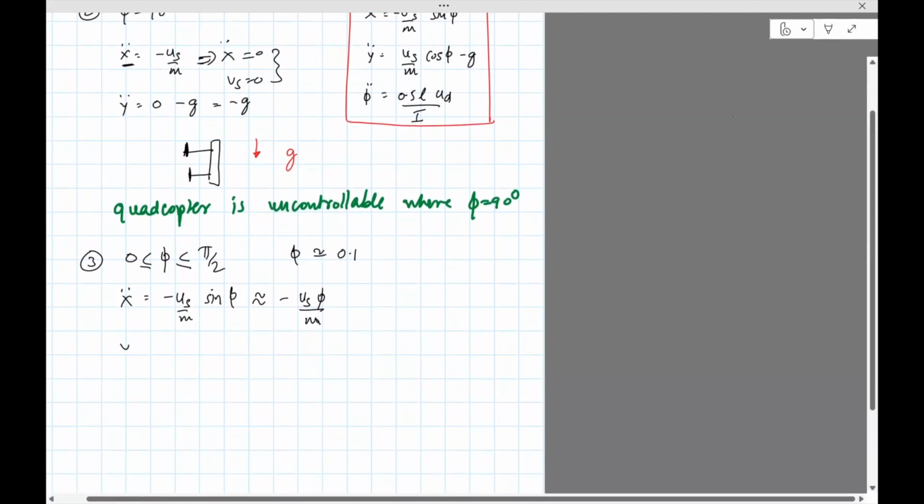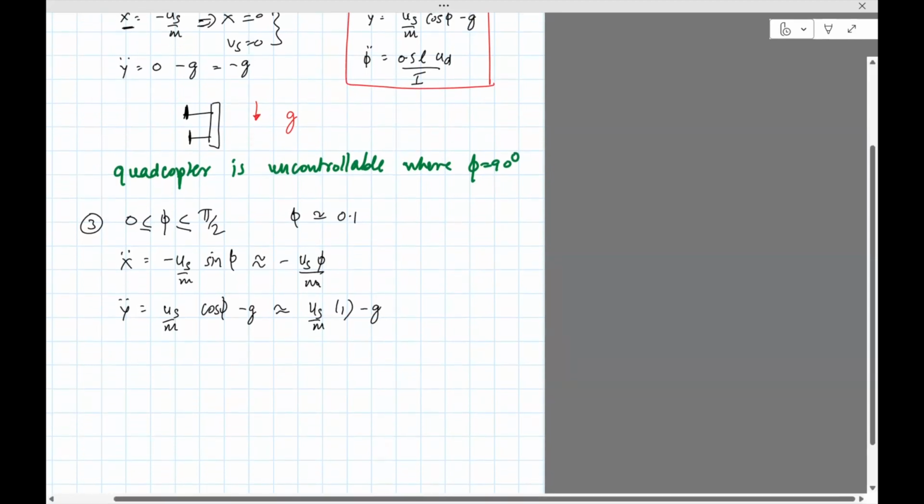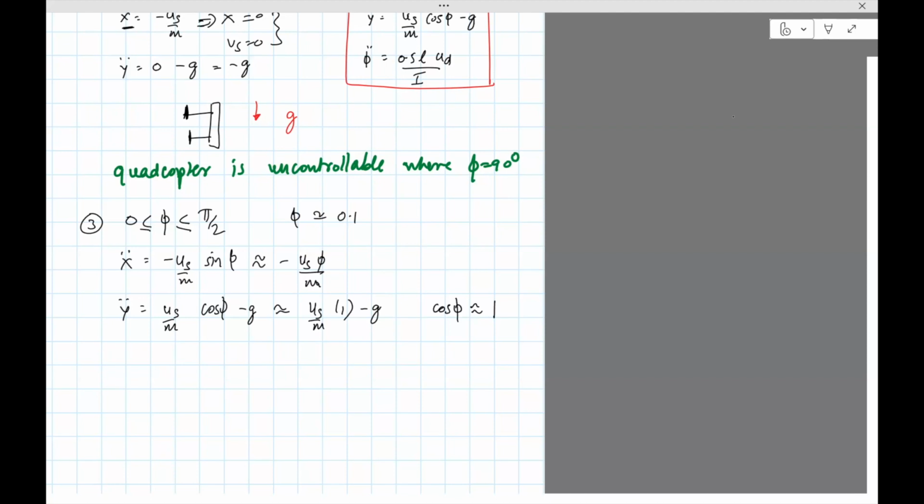And then y double dot will be Us divided by m cosine phi minus g. This will be similar to Us divided by m, cosine of 0 is almost 1, minus g, because cosine phi is very close to 1 when phi is small, or phi is close to 0.